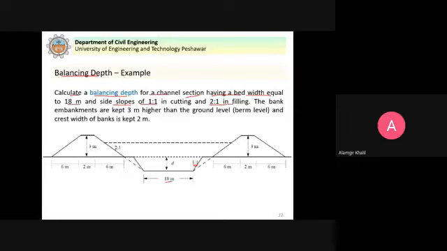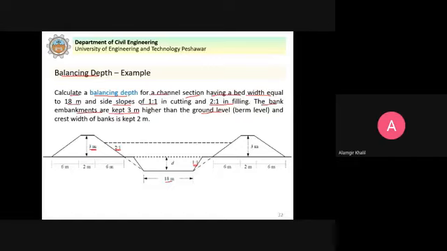You can see for filling it is 2 to 1. The bank embankments are kept 3 meter higher.